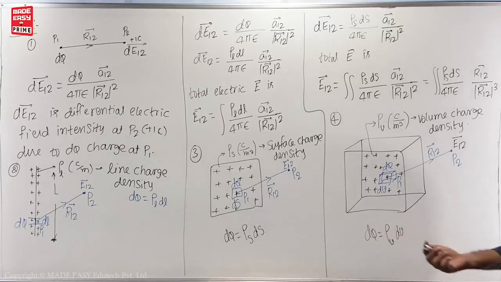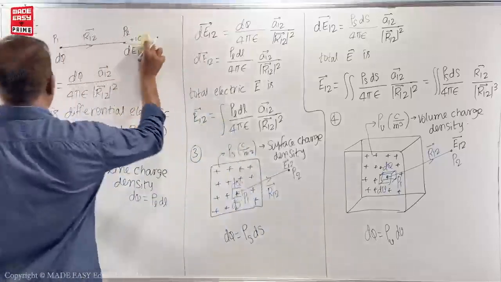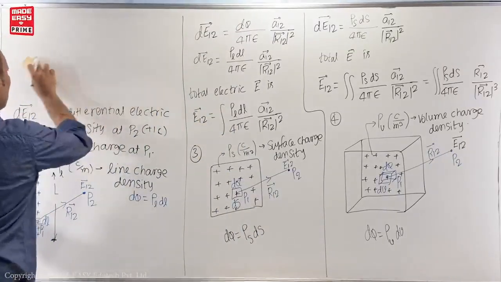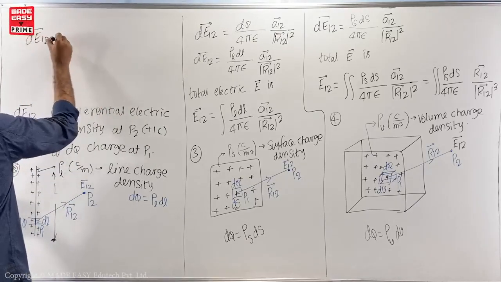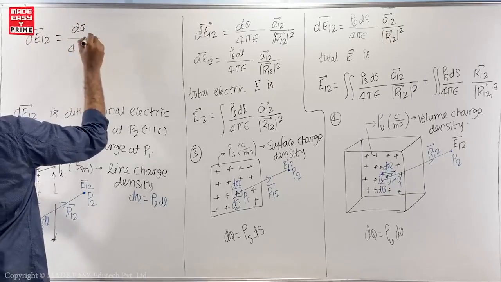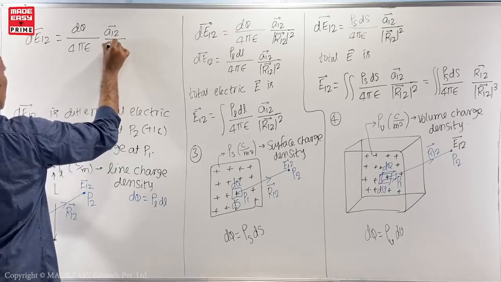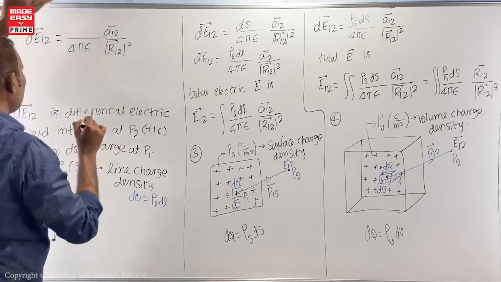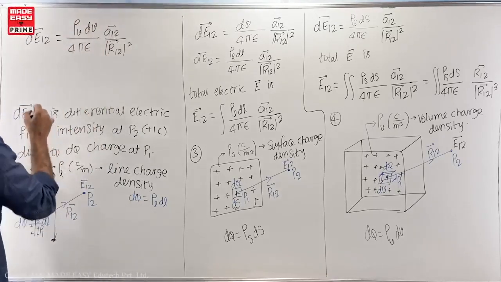So dq is differential charge. Now what is the dE12 bar equation? So dE12 bar is equal to dq divided by 4 pi epsilon a12 bar by modulus of r12 whole square. In place of dq, we will write rho v dv. Okay.